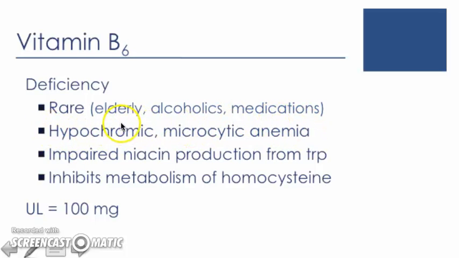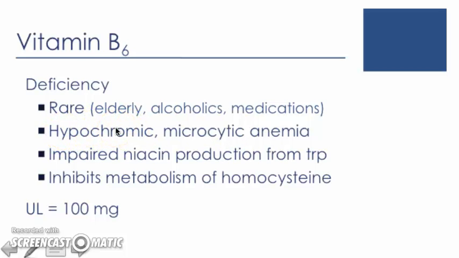So these two descriptors are referring to the red blood cell itself. So microcytic means that this type of anemia yields smaller red blood cells, and then hypochromic refers to pale. So with the hypochromic microcytic anemia, it leads to smaller red blood cells that are more pale in color.